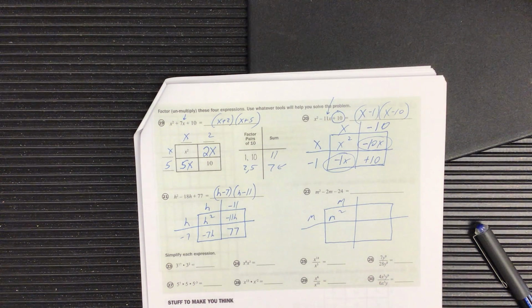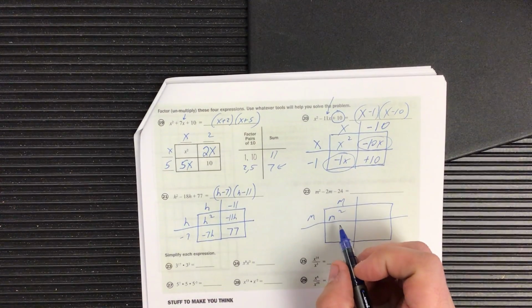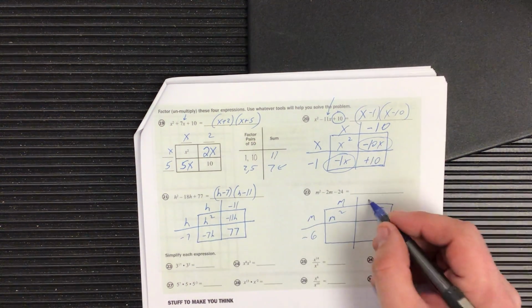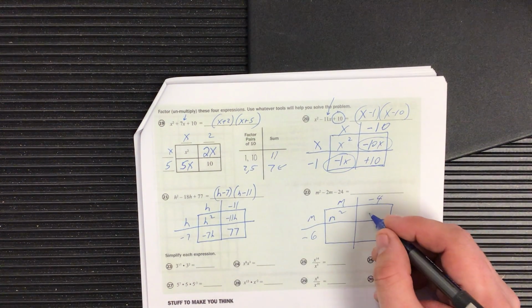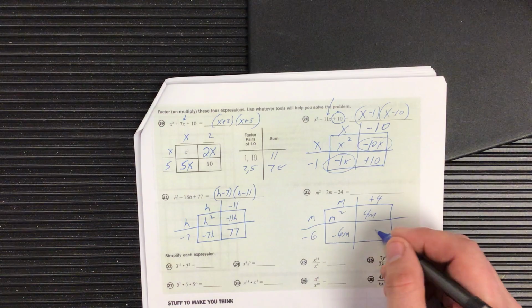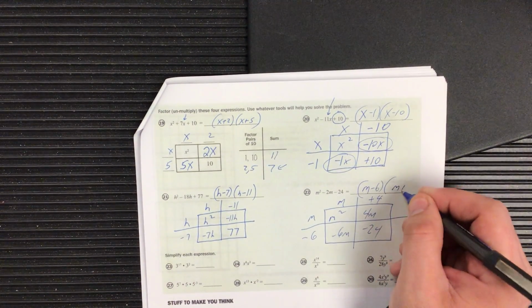Nope, those would differ by 10. 6 and 4. Which one goes negative? Bigger one has to be negative because it is a negative 2m. So 4m minus 6m is how you'd get negative 2, and negative 24. So your factors are m minus 6 and m plus 4.